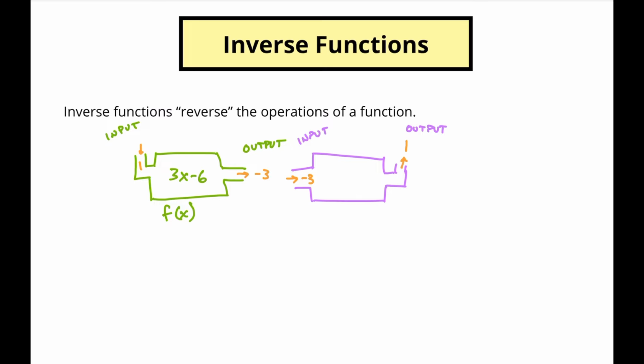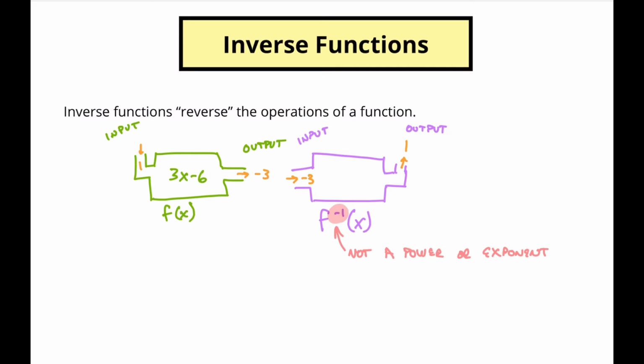So what I need to do is figure out what is the rule for this inverse function. This is the notation that we use for inverse function. And as I'm writing that, you should know that this is not a power or an exponent or anything like that. It is simply notation that says this is the inverse function.